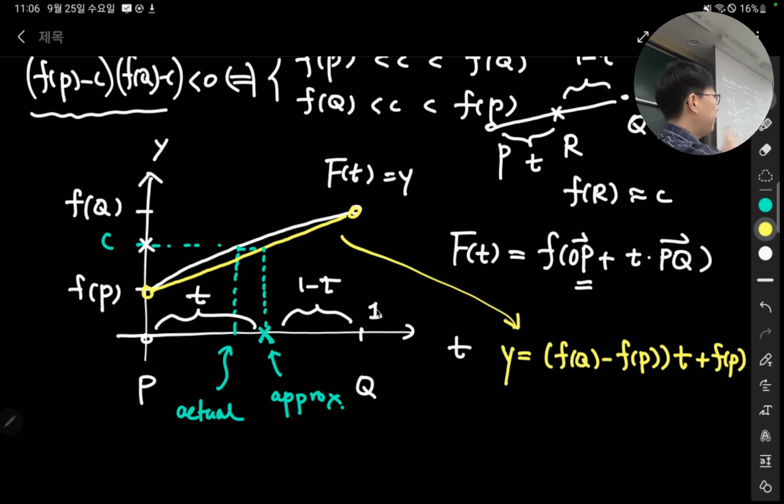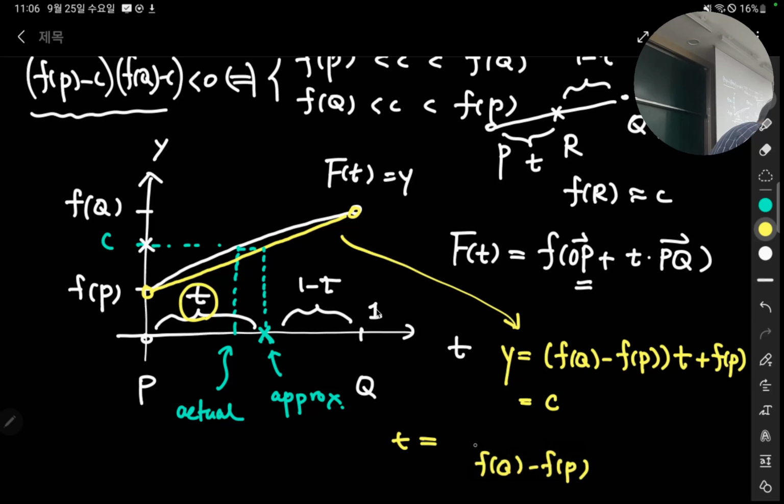Because the x range is from 0 to 1 and the y range is from fp to fq, I want that to be equal to c in order to find what t actually is. So t is equal to (c minus fp) divided by (fq minus fp). That's my t.